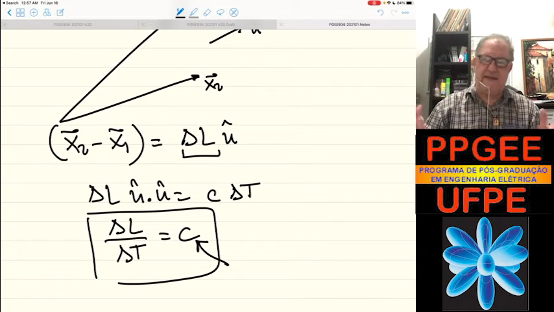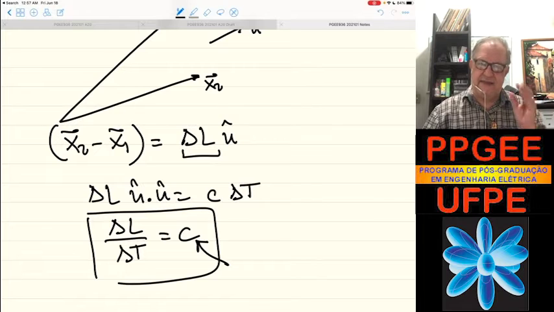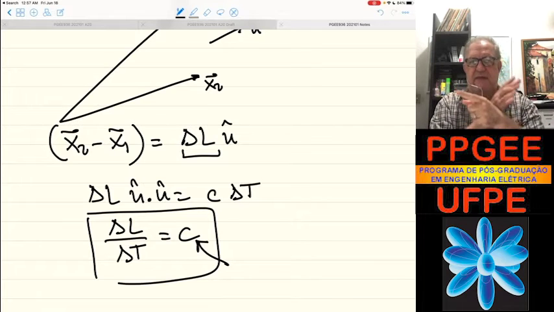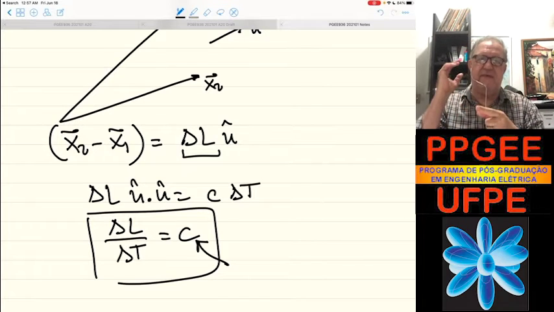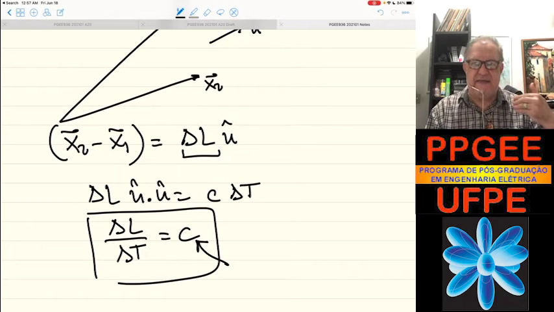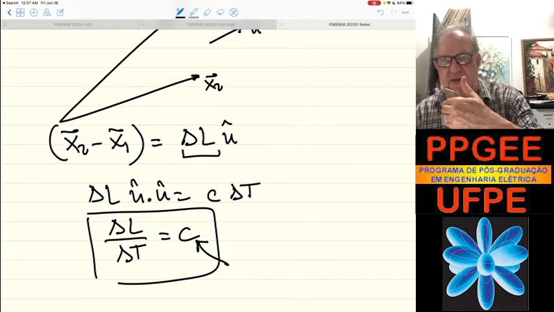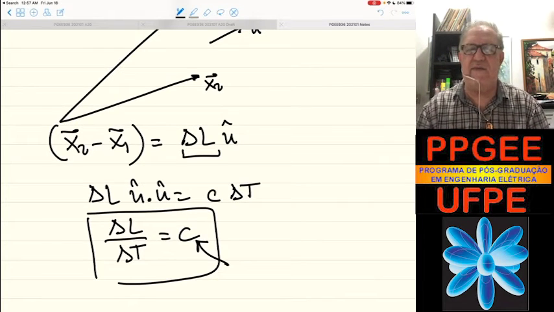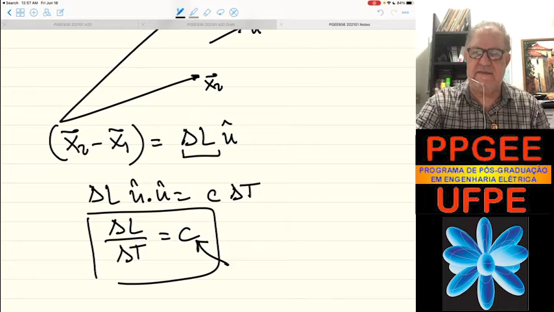So we don't know what the surfaces are yet. We are just saying that, given a direction, the locus of points on the first surface, x1, and the locus of points on the second surface, x2, if I subtract the two vectors along the direction of u, the surface has moved along that direction with the velocity c. Let's determine what those surfaces are.